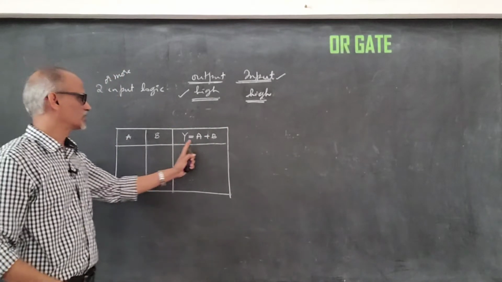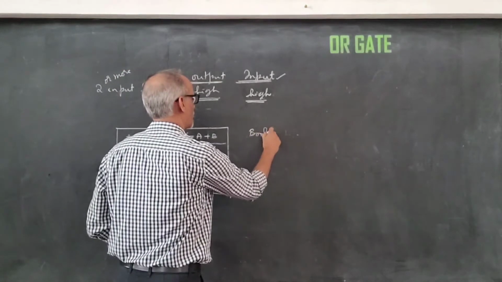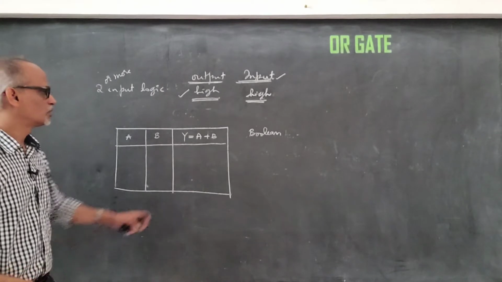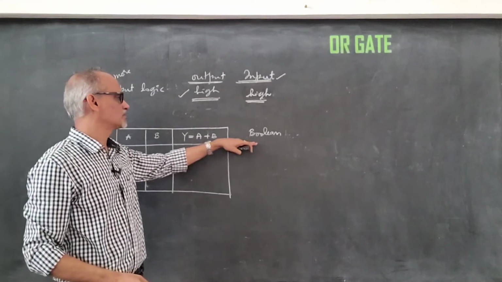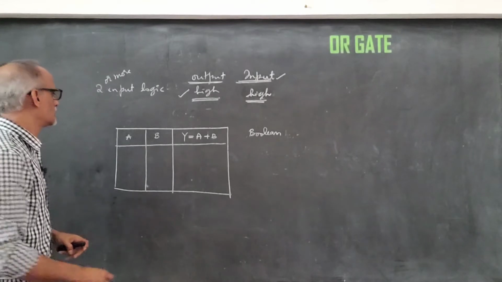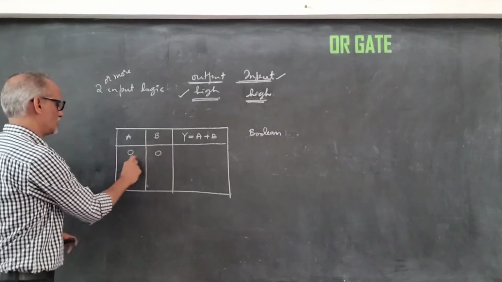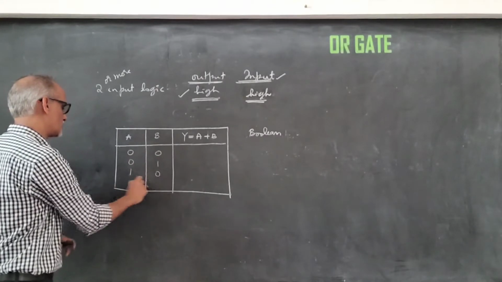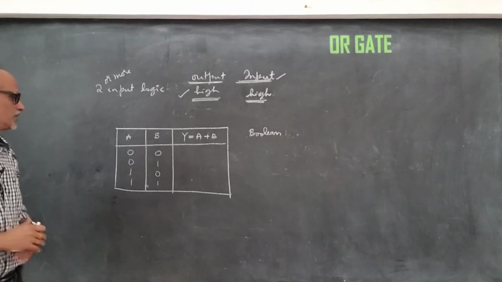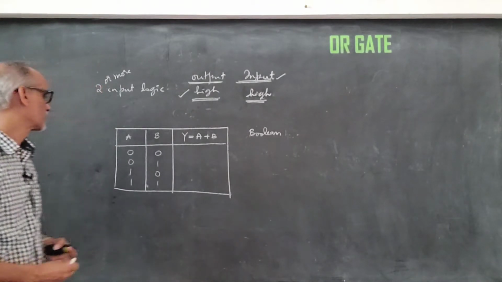This is a logical equation, also called the Boolean equation. A Boolean equation is one which is normally used to perform logical operations. So what are the inputs? The inputs are 0 0, 0 1, 1 0, 1 1. There are only 4 input combinations possible. If I take more inputs, then we get more possibilities.